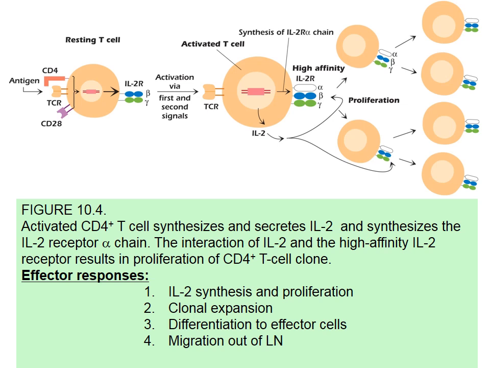So a resting T cell now will become an activated T cell. What will happen is that now it will begin synthesis of IL-2, number one. It will also start synthesis of the IL-2 receptor. Remember, some of these growth factors act in an autocrine way, so they are produced by the same cell and act on the same cell.